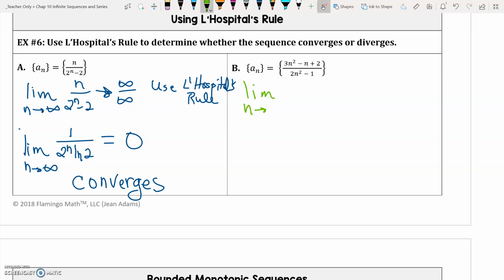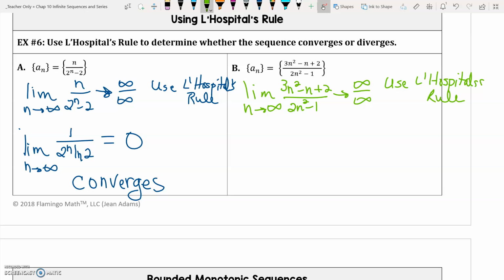So the limit as n approaches infinity of 3n^2 minus n plus 2 over 2n^2 minus 1 is going to approach again infinity over infinity. So we're going to use L'Hopital's rule. And when we do that, we're going to have the limit as n approaches infinity of 6n minus 1 over 4n.